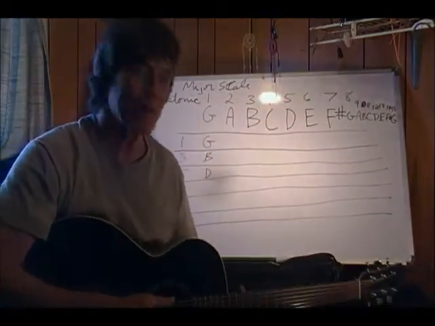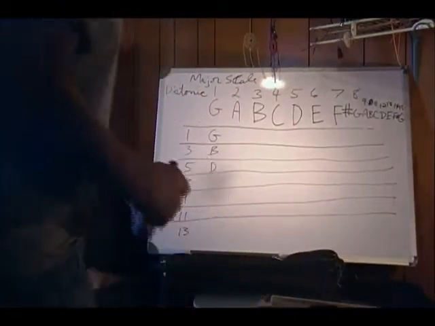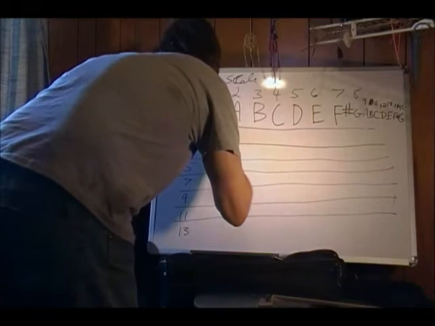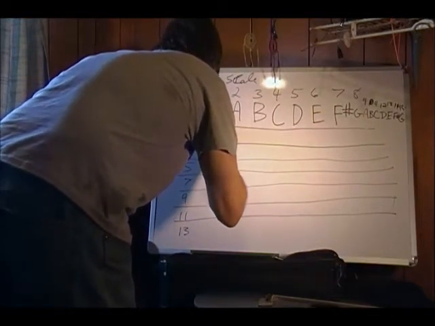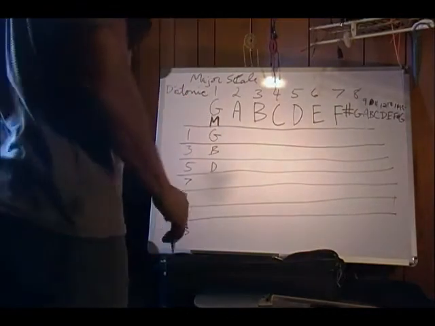Okay, so what if we want to play a G major? G, all this will be a major, and we're going to show major with a capital M. Okay, capital M, G major.